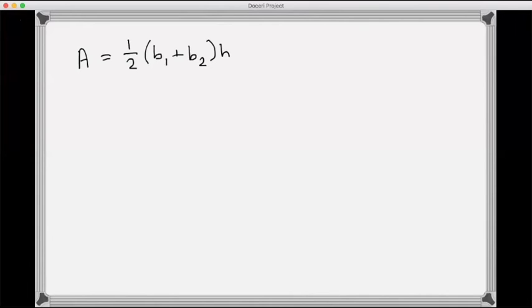And so we want to solve for b2 in this one. So once again, we have a fraction. So the first thing we want to do is get rid of that fraction. So we're going to multiply both sides by 2 to get rid of that.